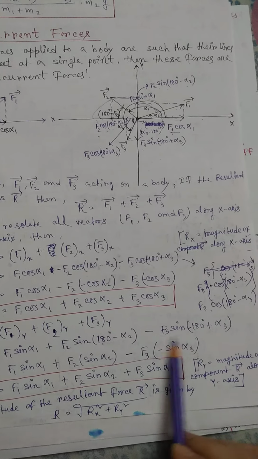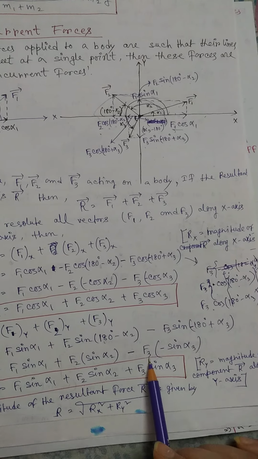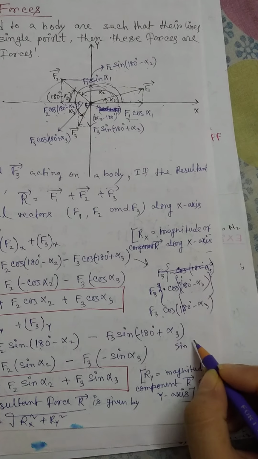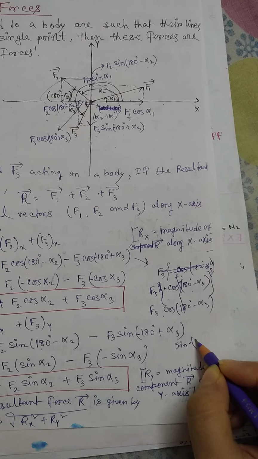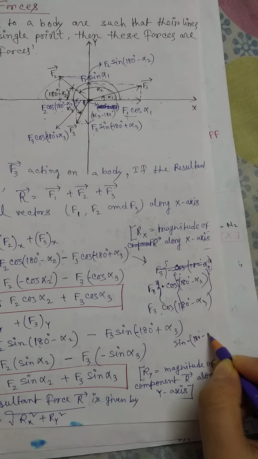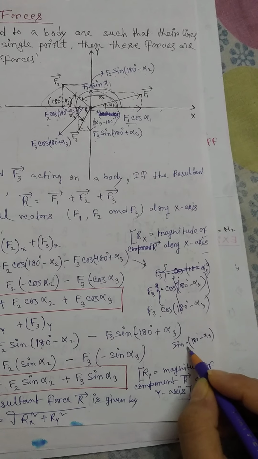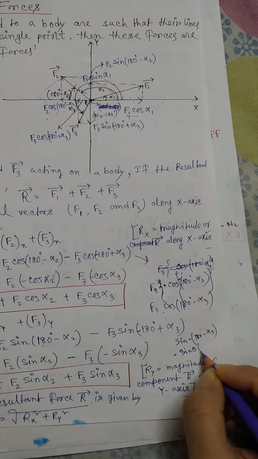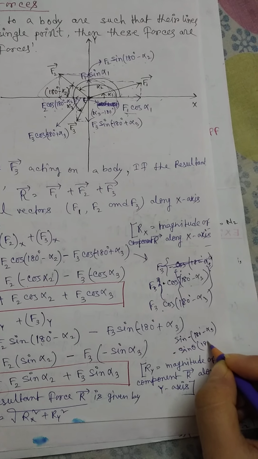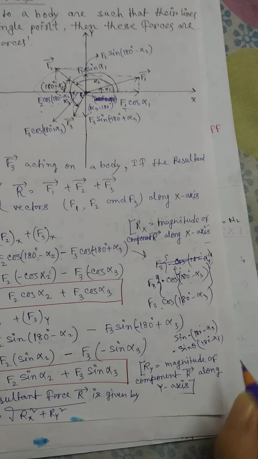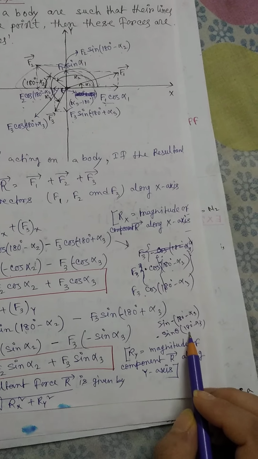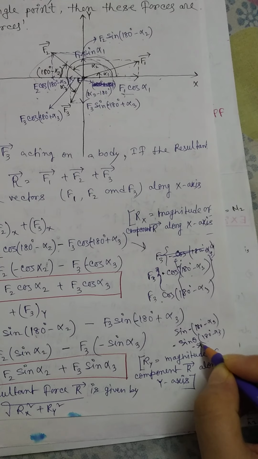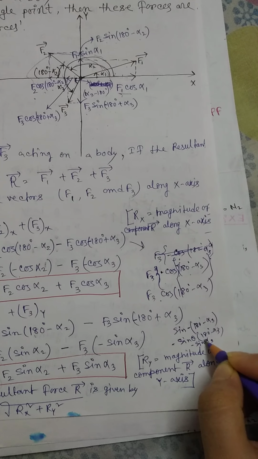Okay, and this equals minus F3, just look here, sin(minus(180 minus alpha 3)), and sine of minus theta equals minus sine theta. So minus (180 minus alpha 3), and this is the second quadrant, and in the second quadrant sine is positive, so we can write minus sin alpha 3.